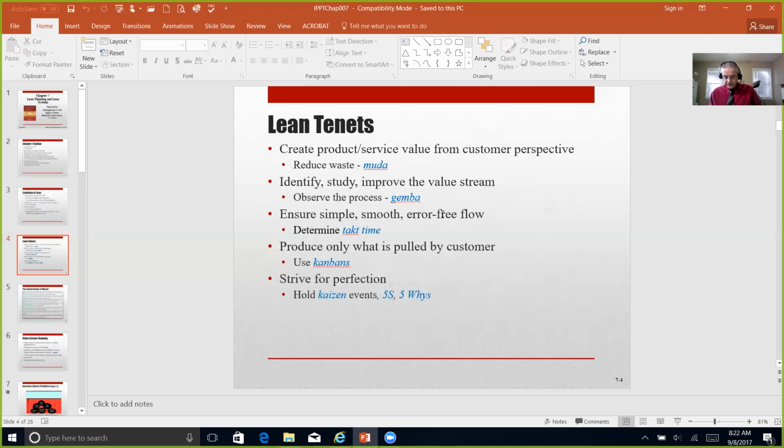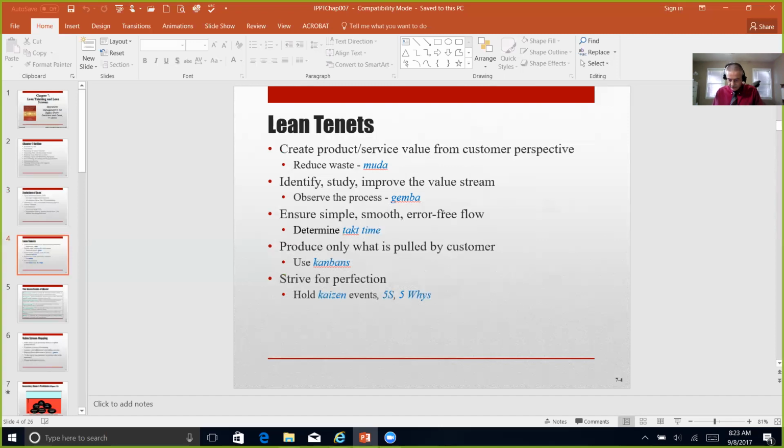And the idea of simple, smooth, and error-free flow means that production flows are simple and direct. They do not change from one production run or one customer to another. In other words, predictability, predictability, predictability. And in this lean manufacturing, both workers and suppliers are charged with the responsibility of producing quality parts just in time to support the next production process.